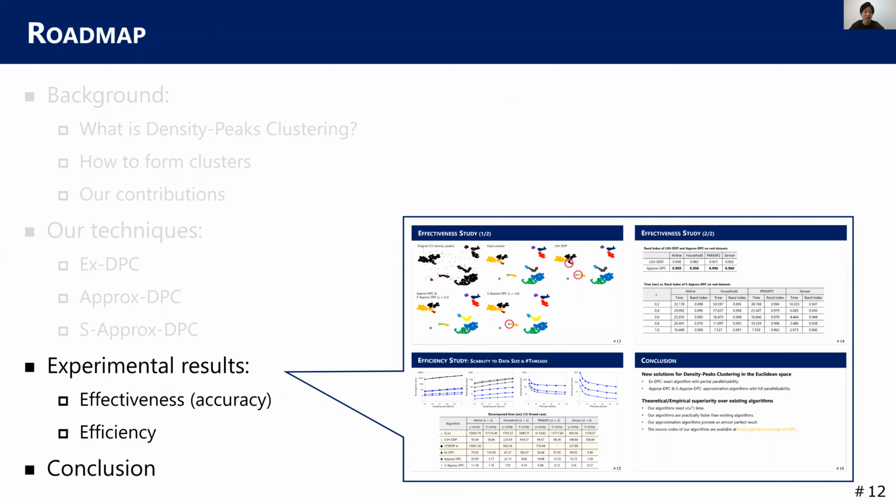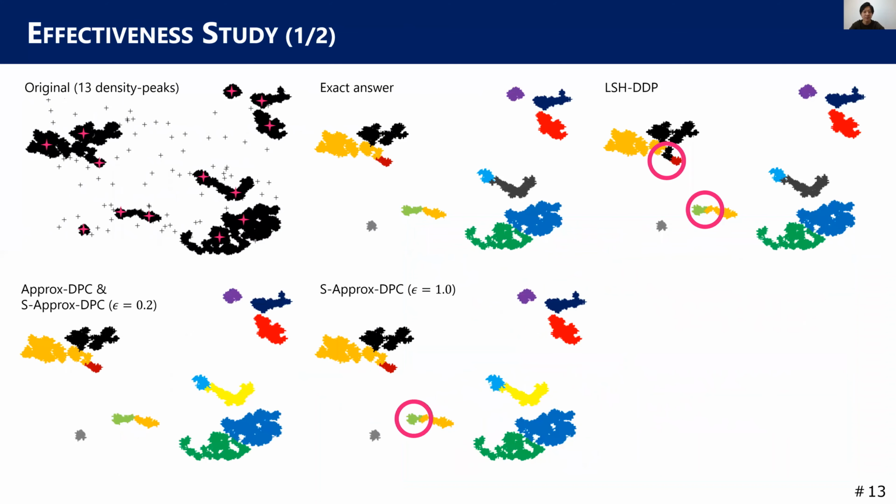Last, I introduce our experimental results. We confirm the accuracy of approximation algorithms by visualization. This dataset has 13 density peaks, so it has 13 clusters. This is the exact answer, and this result is from LSHDDP, a state-of-the-art approximation algorithm.